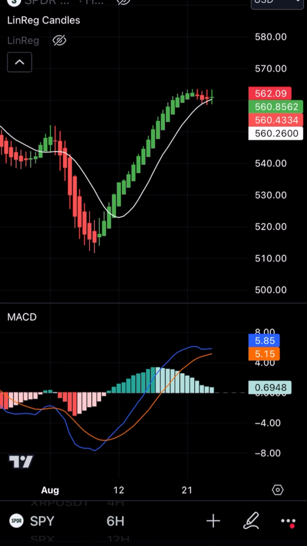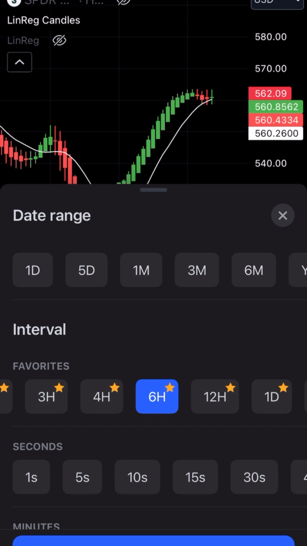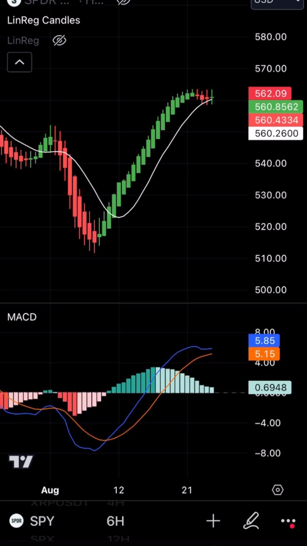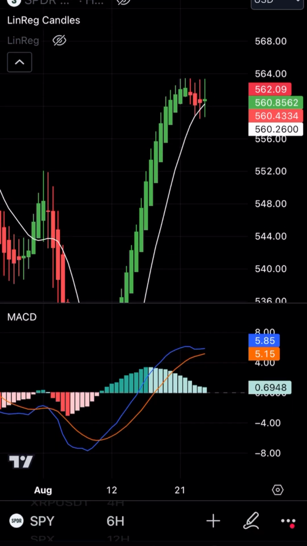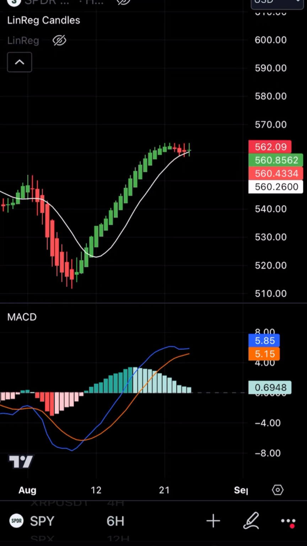The next thing you want to do is get a good general idea of the direction. So look at your 6 hour and see if you find anything. Here we see a bunch of indecision, but we also see a lot of it going up.